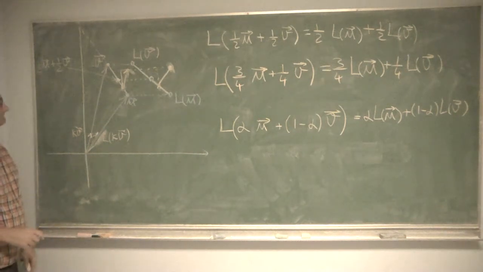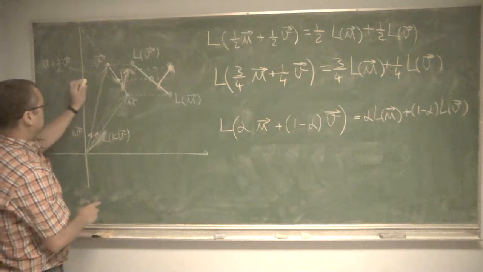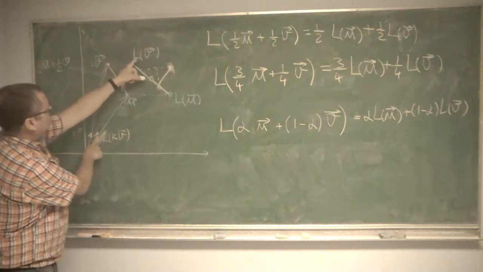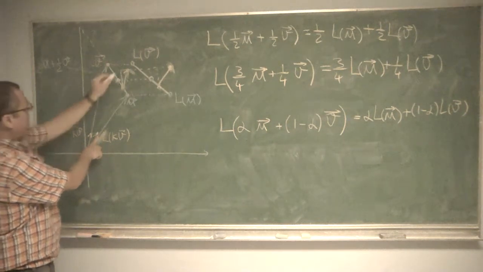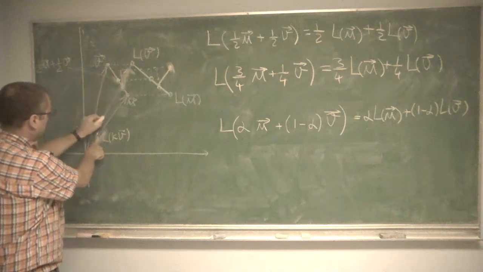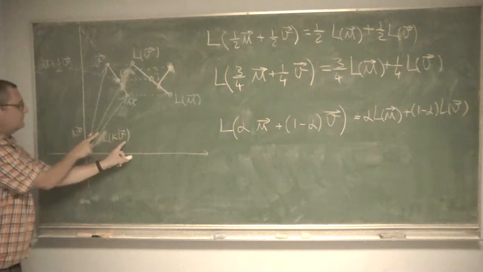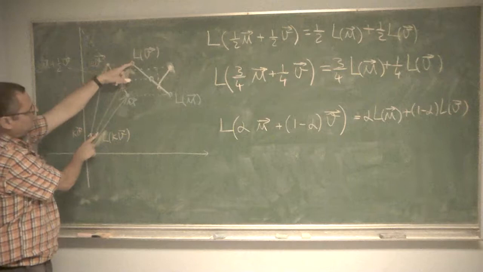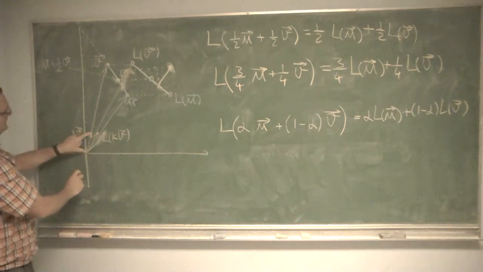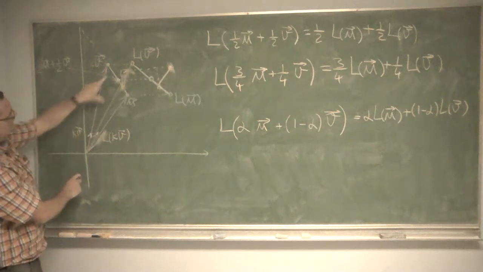And using similar triangles, if I connect L of V point with the origin, so that's my vector L of V, this L of kV has to lie on L of V, and by similar triangles, the ratio of this over this is the same as this over this.